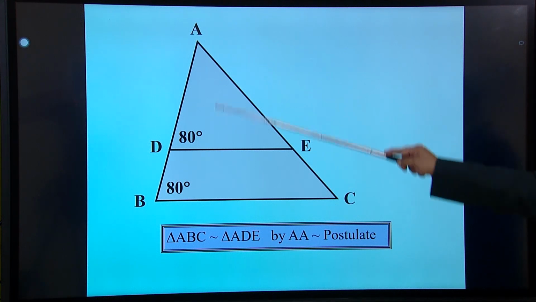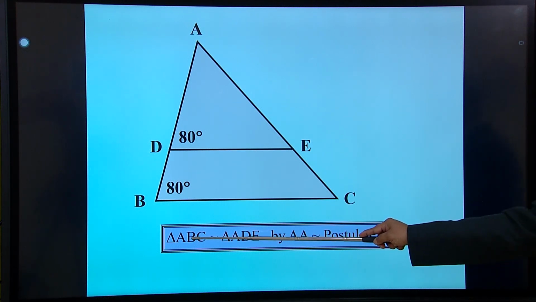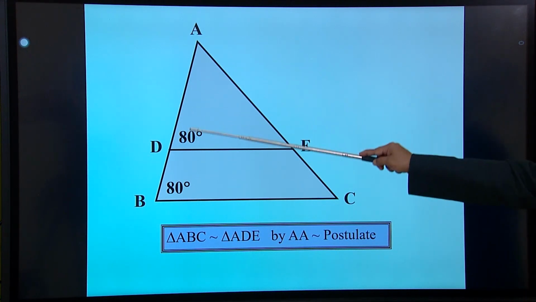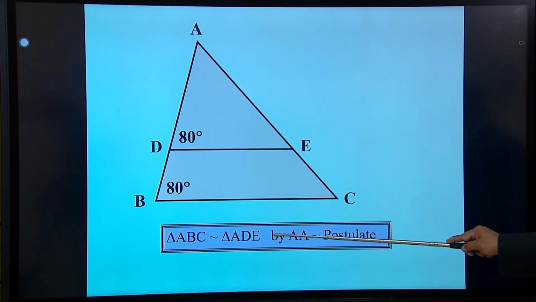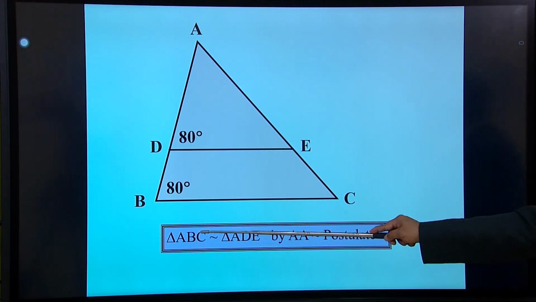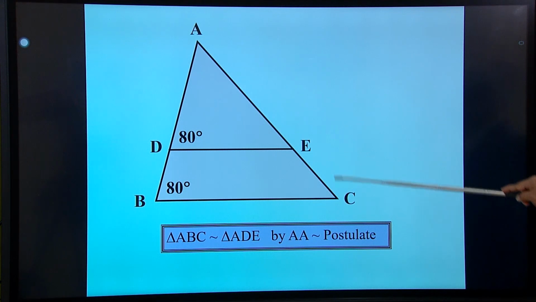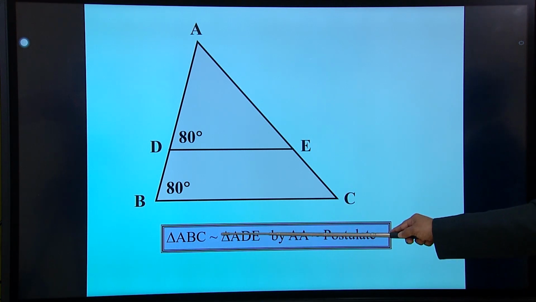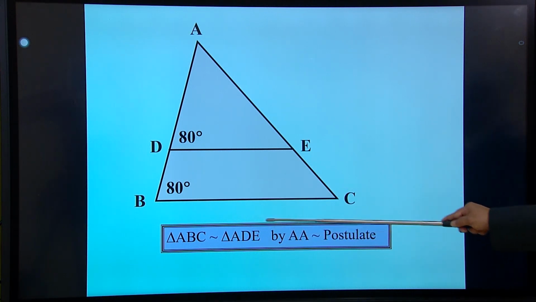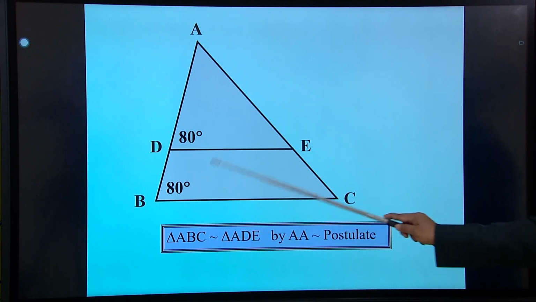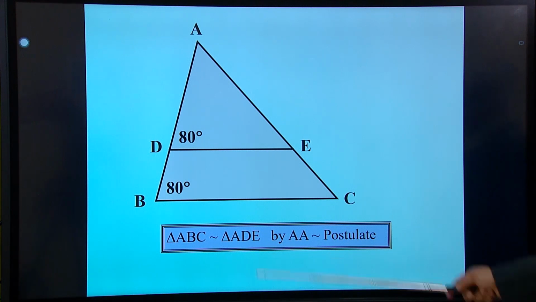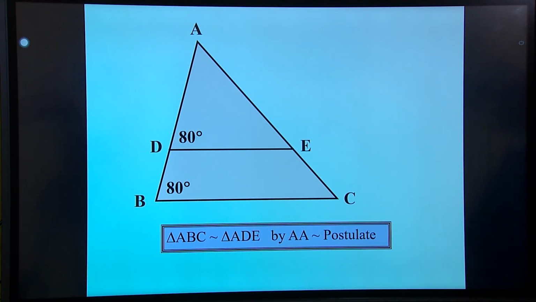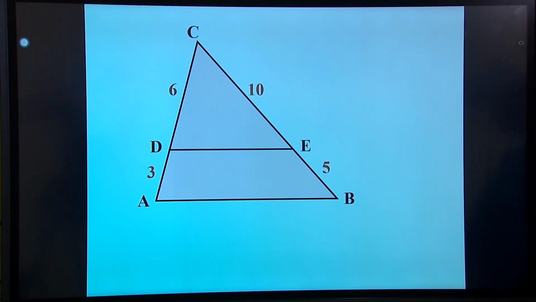So that angle A corresponds to angle A in the first triangle. Angle B and D are the same, so this one will have D where B is. Okay? And C and E is the third point. So we write these in the exact order that they are equal. Angle A is equal to angle A, angle B equal to angle D, and C equal to E. That is very, very critical when we are looking at solving these problems.